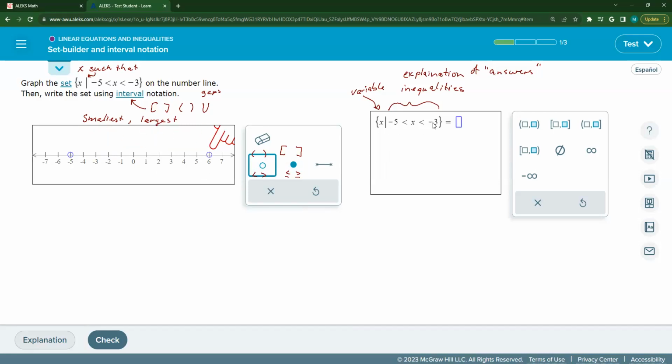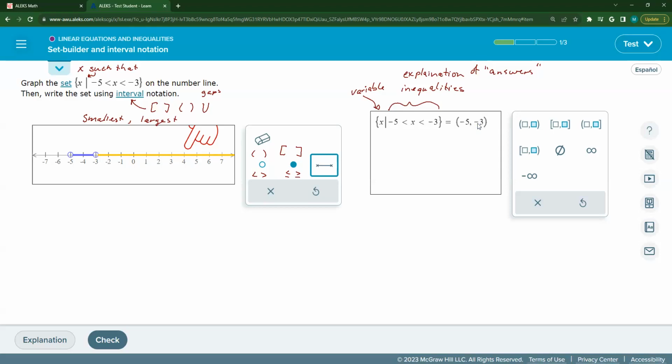And then it is going until -3, and that is also an open circle because the inequality does not have the line underneath it. X is in between them, so I'm going to be shading between them. And in this case, they're both open circles, so it's going to be both parentheses. So it's open circle to open circle, and I have -5 to -3.